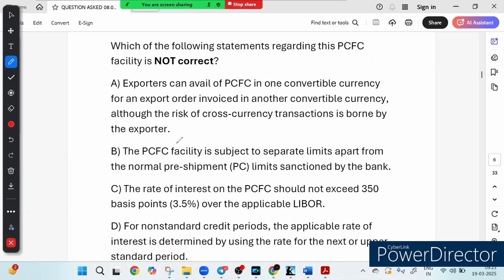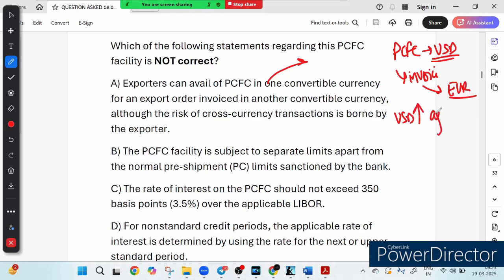Let me give you an example to make it clearer. Suppose you take a PCFC loan in dollar for an export order invoiced in euro. If the US dollar strengthens against the euro, then by the time you receive the export proceeds, you will end up receiving fewer dollars when converted, reducing your earnings. So this option A is correct.